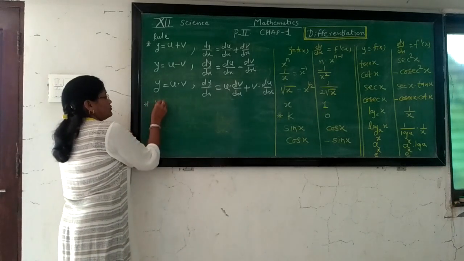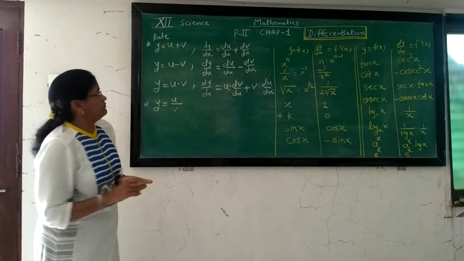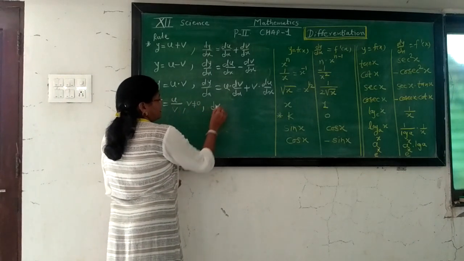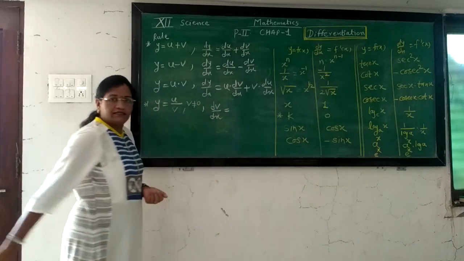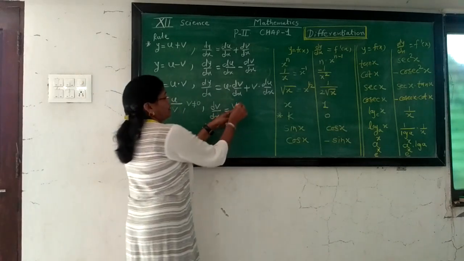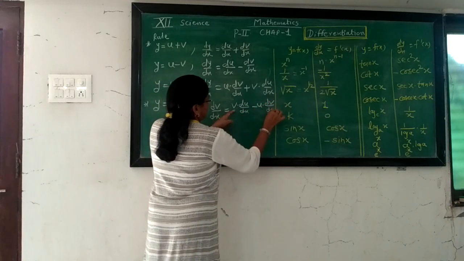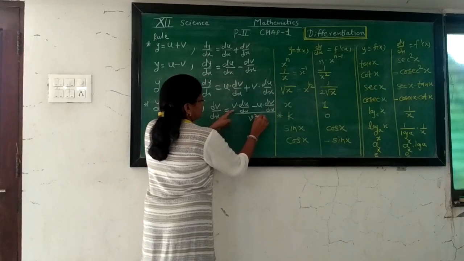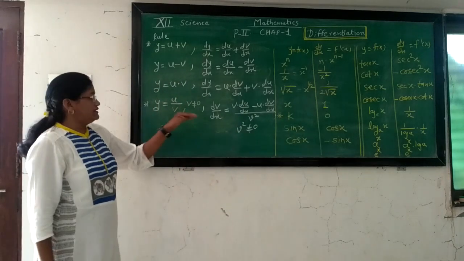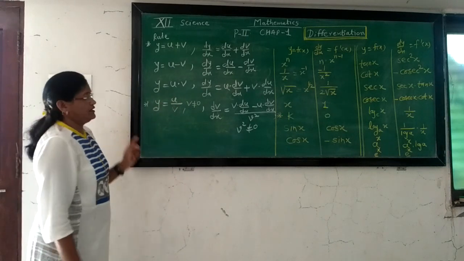Now the most important rule, that is division of two functions. If y is equal to u upon v, where v is never 0, then we can define its derivative dy by dx is equal to, now the derivative starts from the denominator, so we take v derivative of u minus u derivative of v whole divided by v square, provided that v square is never 0, because here we take the special rule for the quotient, and if the quotient exists, the denominator is never 0.